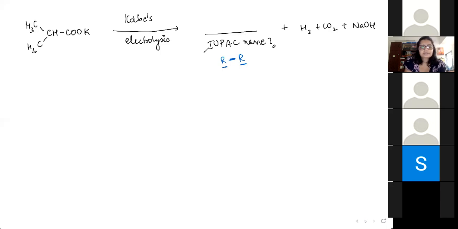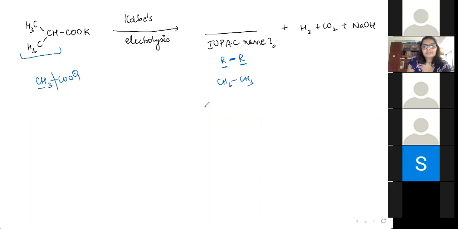Sanat, check again. Rishit, why? I've changed this thing, it's not acetic acid anymore. See what alkyl group is there here. When I took CH3COONa, the bond broke here and the two CH3 joined to form ethane.